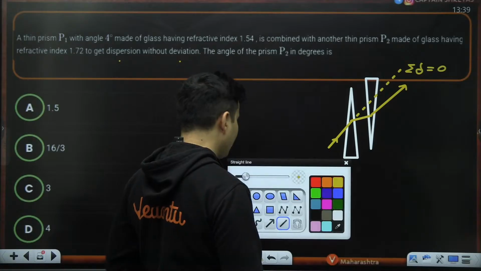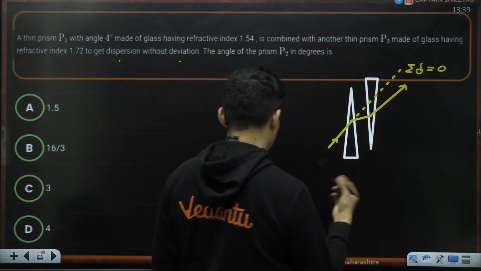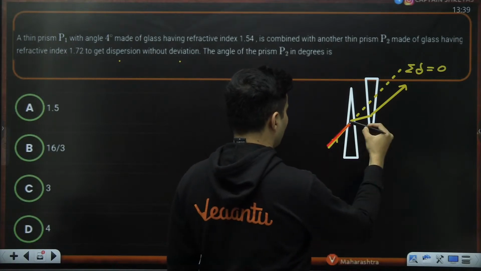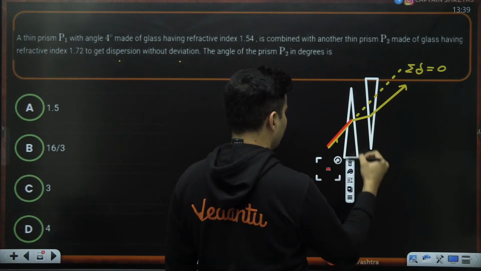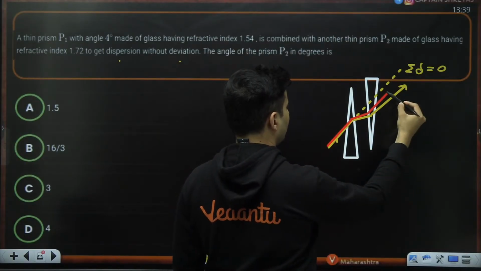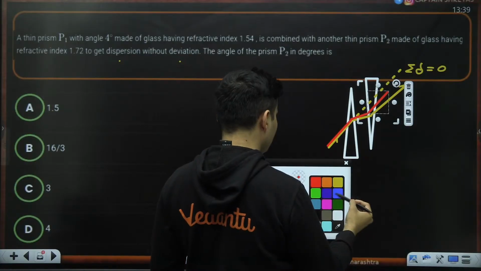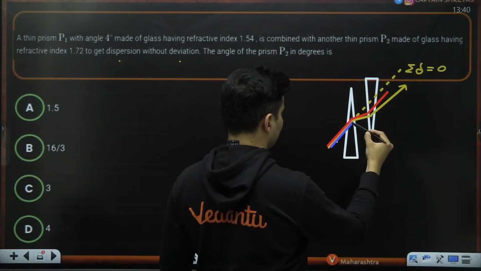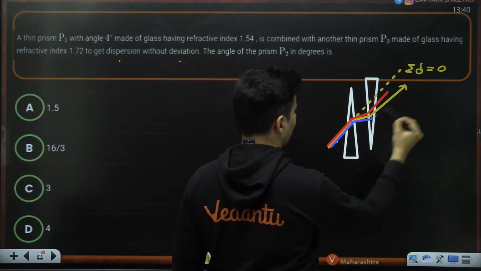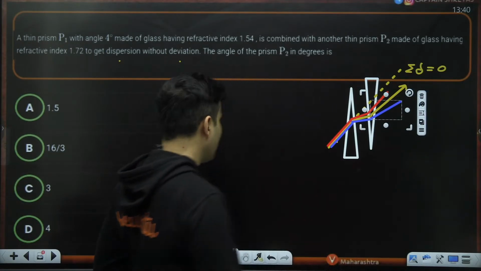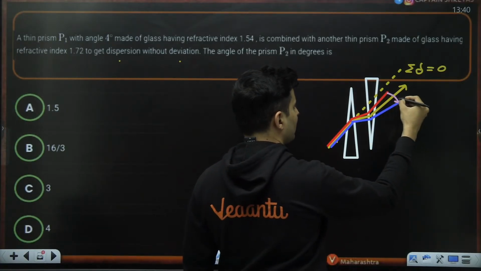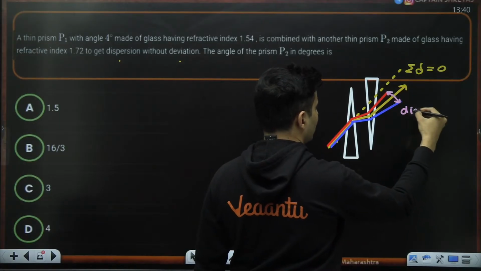But if there are other colors in it, which will be there, white obviously is made of many colors. So it will look probably like this. The red color will probably go here like this, maybe like that. So as you can see, there is clear cut dispersion which is happening.